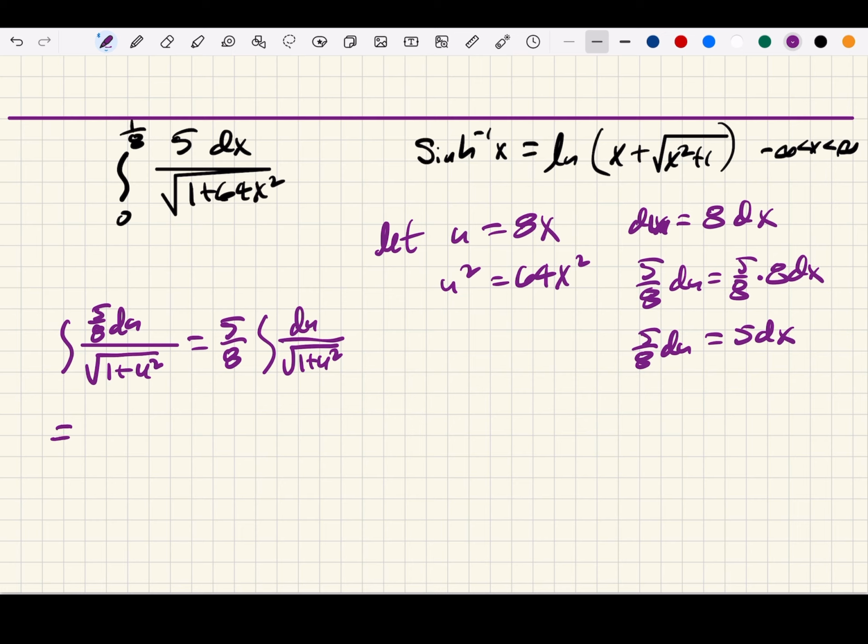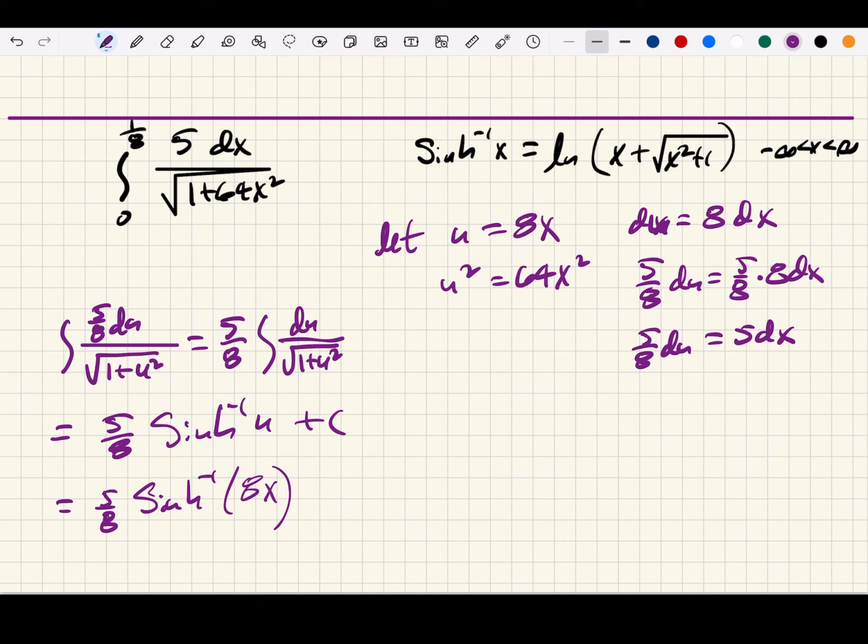So what do we got? We got 5/8 inverse hyperbolic sine u plus c. But now I need to make a substitution back, and my u was 8x, so this is 5/8 inverse hyperbolic sine of 8x.